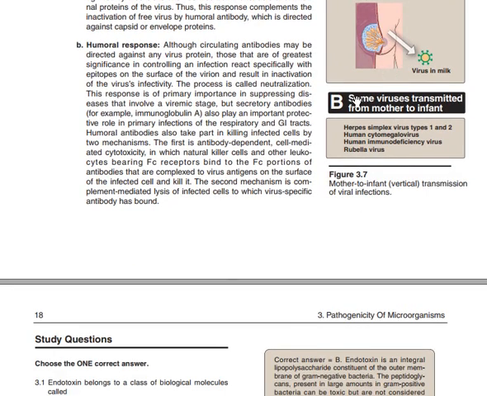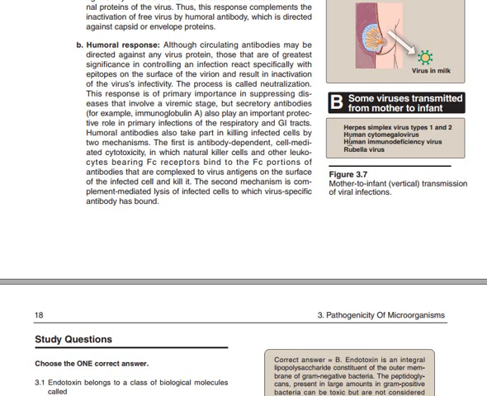Now the next is that some microorganisms are transmitted from mother to infants. Examples are the TORCHES infections. Not only viruses, but microorganisms transmitted from mother to child are TORCHES. T for toxoplasmosis, O for others, R for rubella, C for cytomegalovirus, H for herpes simplex, as you can visualize here. You have herpes simplex type 1 and type 2, human cytomegalovirus.